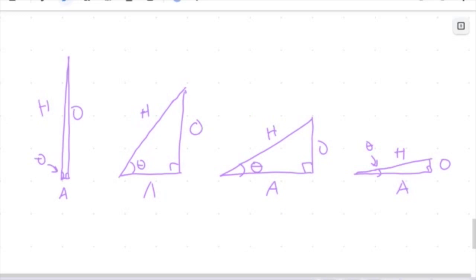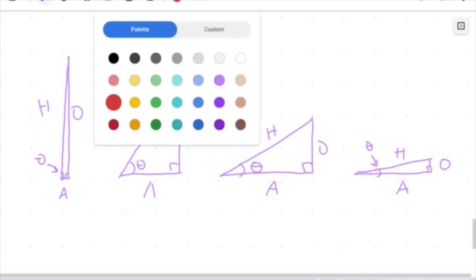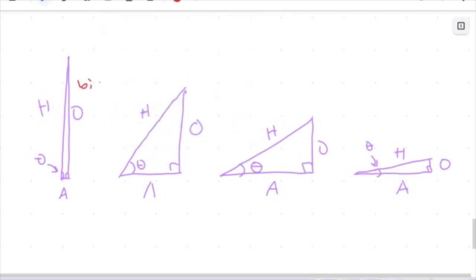And we can see this here. As I progress from left to right, I can see how these opposites and adjacents change relative to one another. Here, my opposite is big. My adjacent is small.